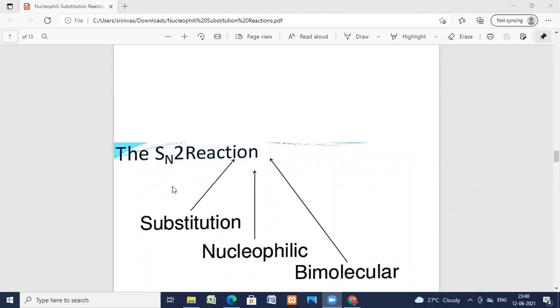So for SN2, a high concentration of nucleophile favors the reaction. For SN1, a low concentration of the nucleophile favors the reaction. Strong nucleophiles like the alkoxide ion favor the SN2 reaction. Mild nucleophiles like water and ammonia favor the SN1 reaction.